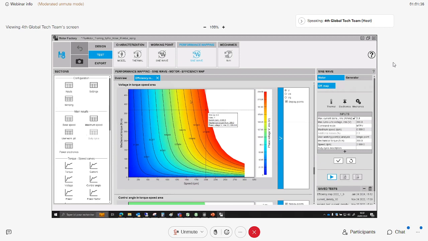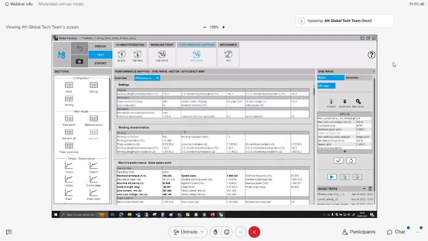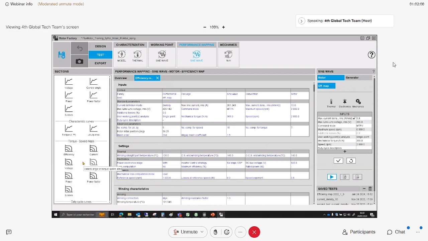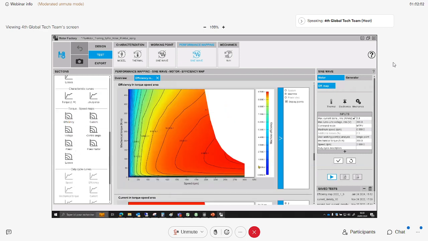Here I think it's not MTPV I have here. If I go to the settings, inputs, yes, I launched the computation with MTPA, so it's good to have it here so you can see the difference between MTPA and MTPV.